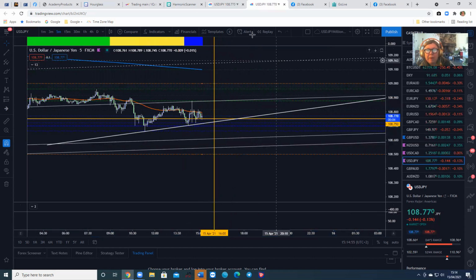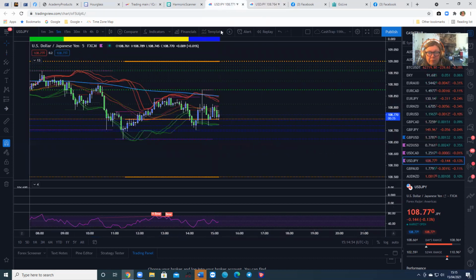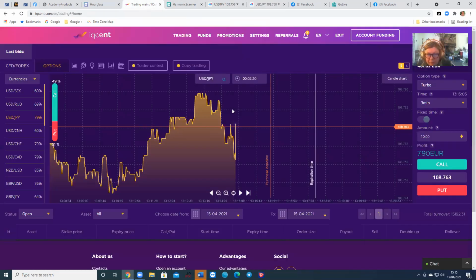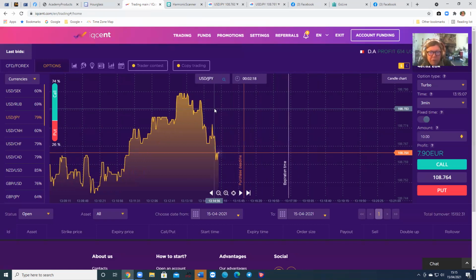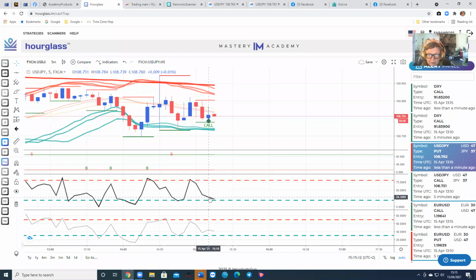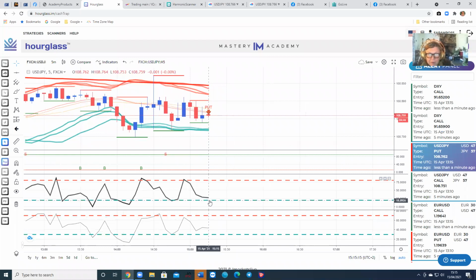That's just popping back down. 764. And on HourGlass, 16 seconds to go. That's great if it's going to pop back down there. 759, 759.